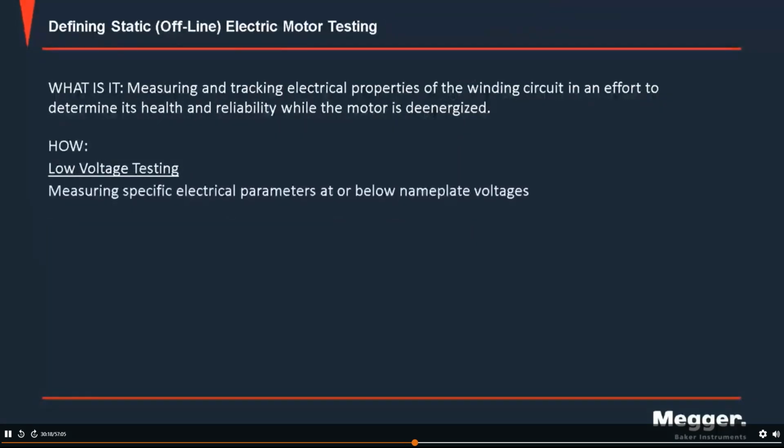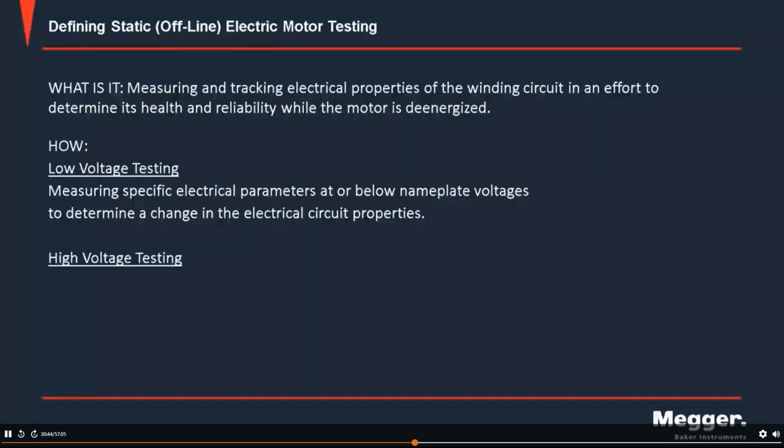This includes our resistance, inductance, capacitance measurements, Megger testing, where we're measuring specific electrical parameters at or below nameplate voltages to determine a change in the electrical circuit properties. So that's looking at trending, comparison over time, or relative to known values, and we look for percent deviation from those known or standard values.